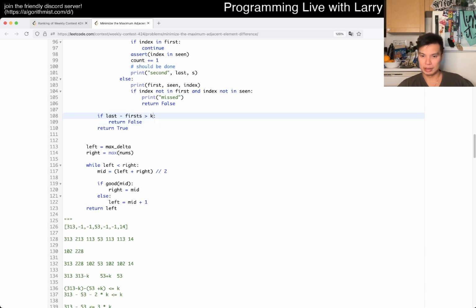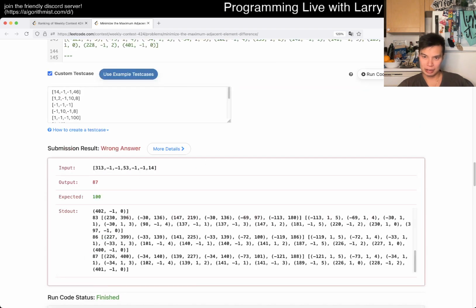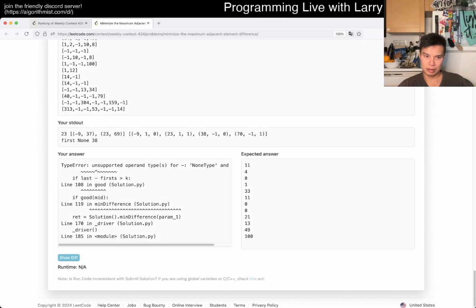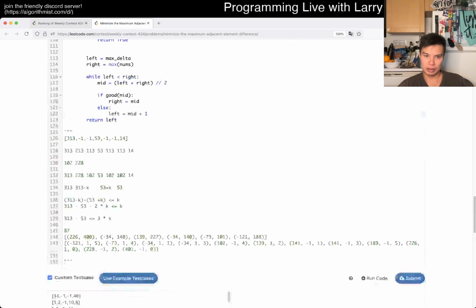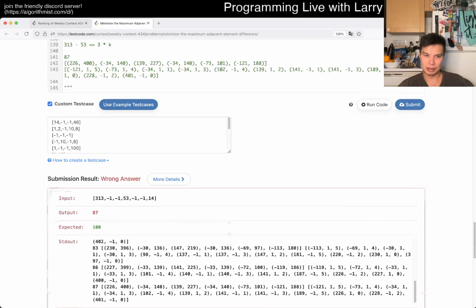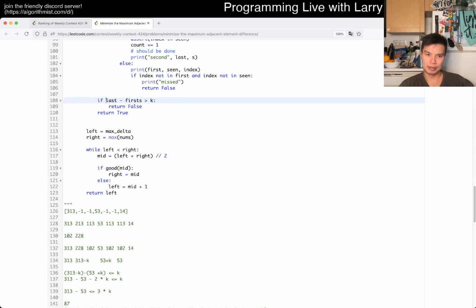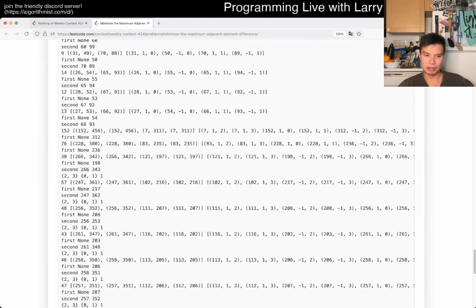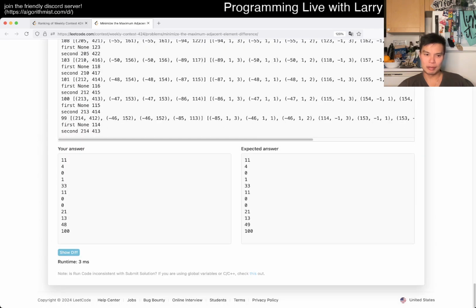I don't know, does this help a little bit with the printing at least? First none. Oh, because one number is good enough. Which is fair. I mean, maybe there's a case where you only need one number. And we have some off by ones, but at least we got the 100 case right.